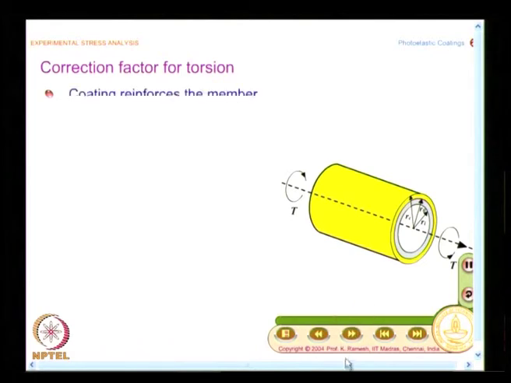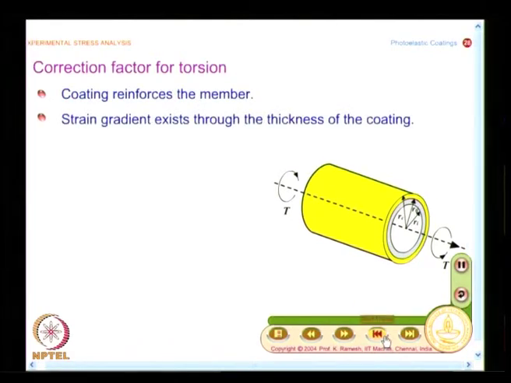Now, we take up the correction factor in the case of torsion, and I am going to give you the expression directly. Here again a strain gradient exists, that is what you have to note down.